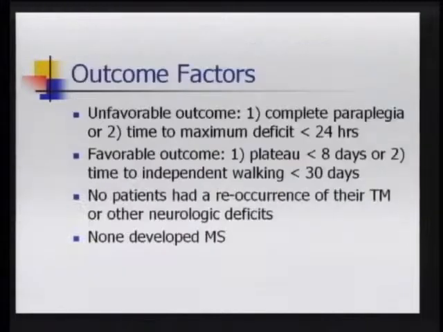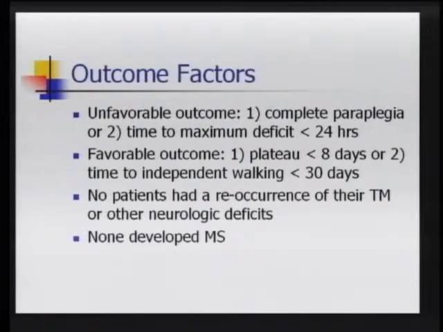So the outcome factors. This is the one thing that Frank said was different in their data, and that was the unfavorable outcome. The complete paraplegia or time to maximum deficit less than 24 hours in this particular study was associated with a more unfavorable outcome.